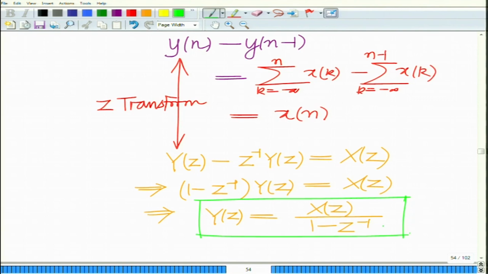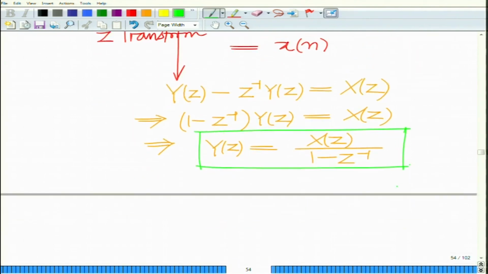Or you can simply also write this as z X(z) over z minus 1.